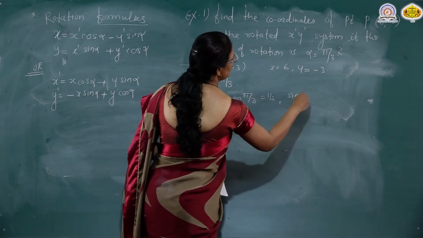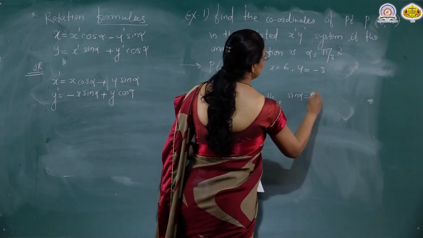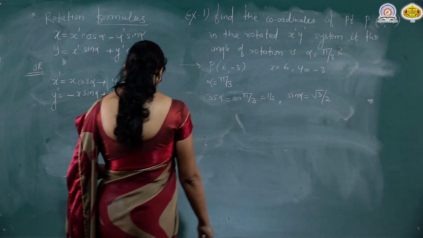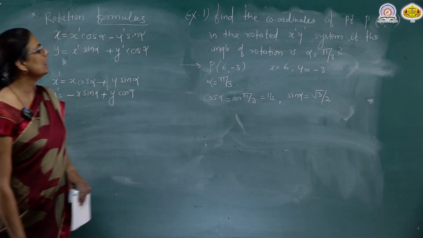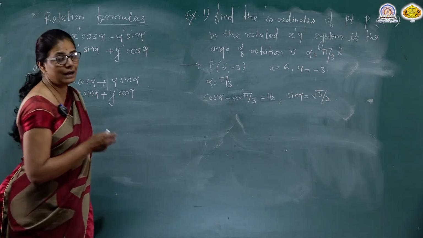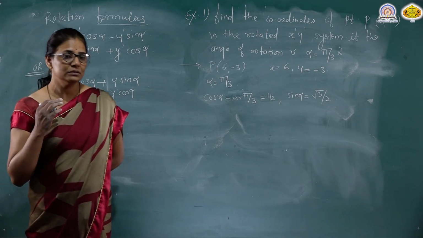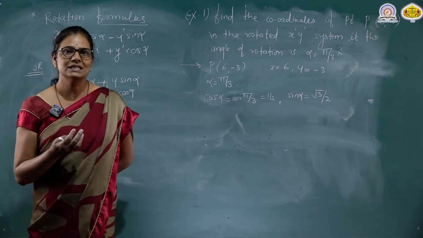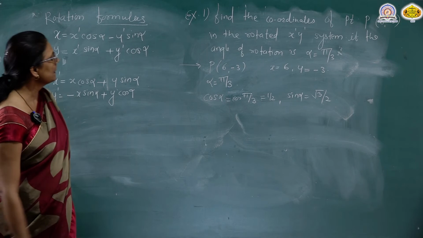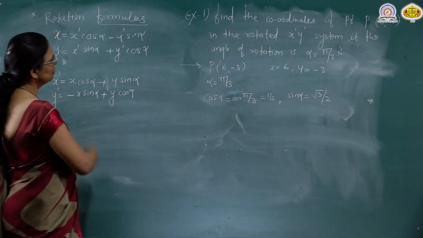Similarly, calculate sin alpha, that is sin pi by 3, which is root 3 by 2. So at least you have to remember the sin and cos for the standard angles like 30 degrees, 45 degrees and 60 degrees. Now next write the formulas.